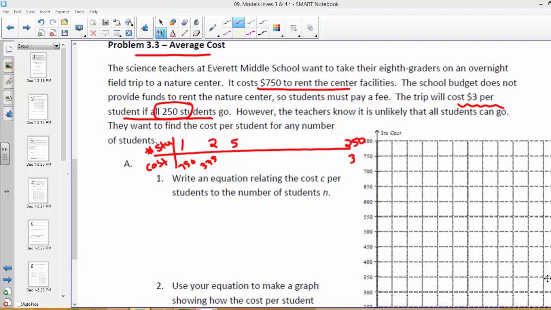If you have $750 you must get to find this answer, we're doing 750 divided by 5, and that would give 150. So you could go to 10 next. 750 divided by 10 is 75.